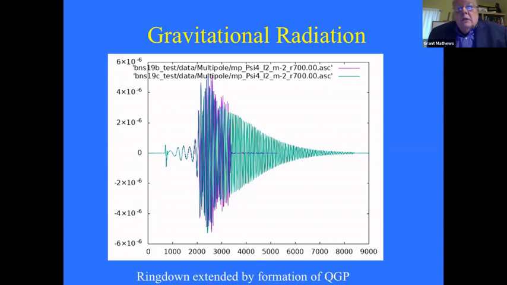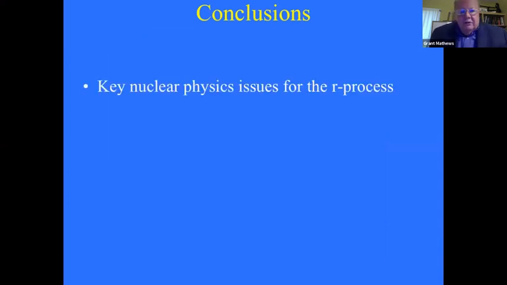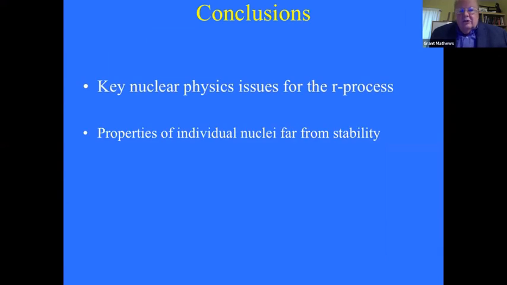So with that, I'll finish up and just emphasize what I tried to make as the main points here. The key nuclear physics issues are: one, we need to know individual properties of nuclei far from stability, their beta decay rates, their neutron separation energies, their low-lying excited states.